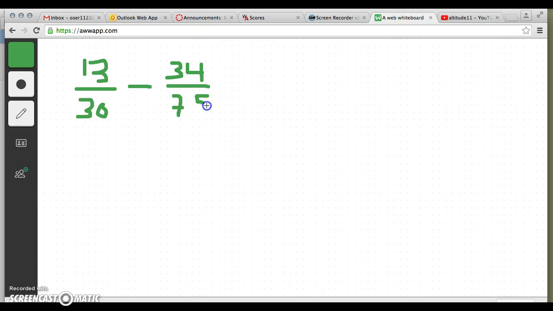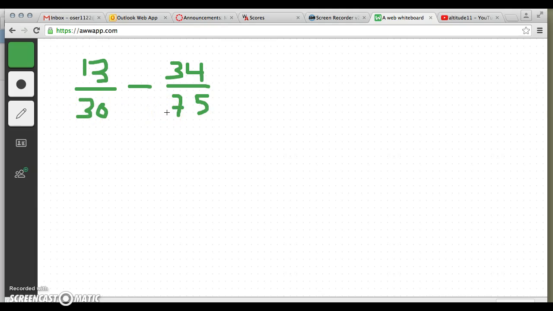As I said earlier, guys, we're subtracting two fractions, which means that we're going to have to find a common denominator. Currently we have two different denominators, one is 30 and one is 75. We need to find the LCM, or the least common multiple, between these two numbers.